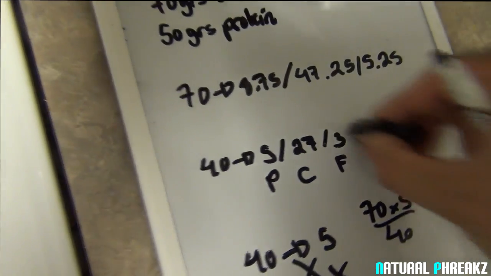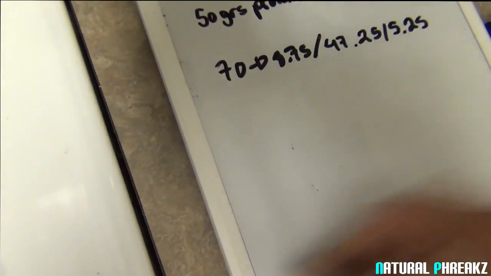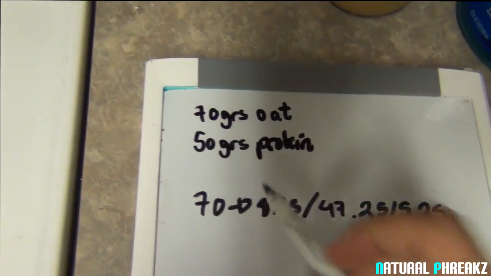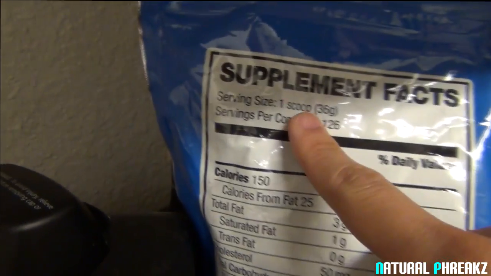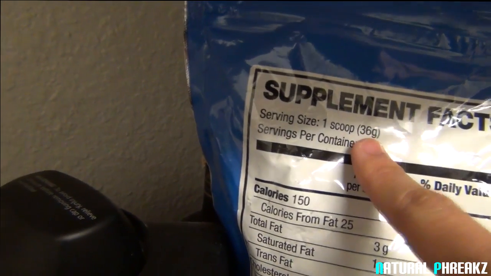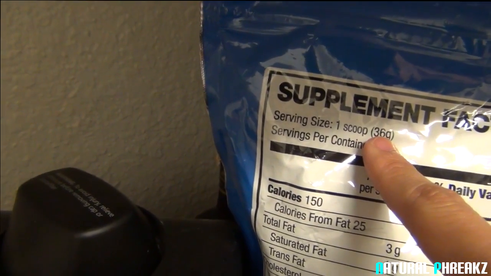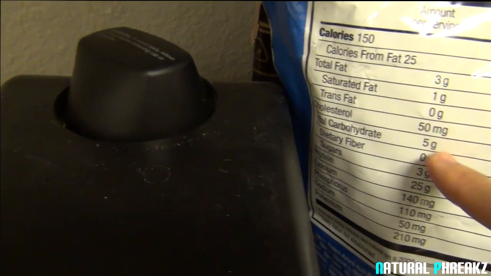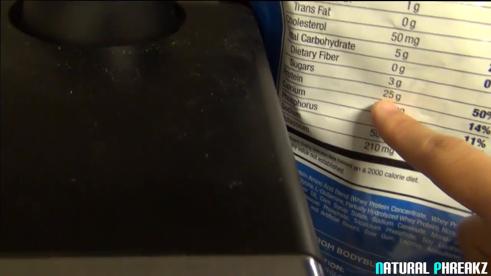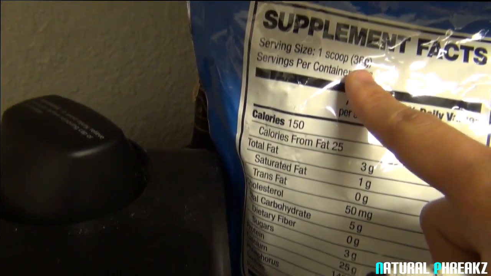Now I erase all this because I don't need it anymore. And then I go and do my protein. So I ate 50 grams of protein. And then you go to the nutritional facts. And this is very important. You have to look at this number. And this is telling you how much of fat, carbs, and proteins is in 36 grams.